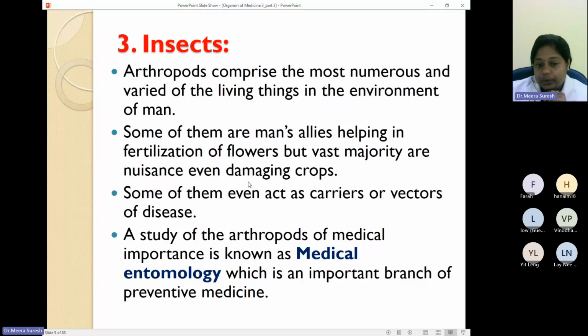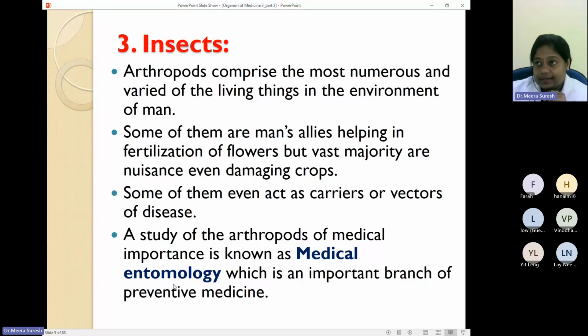The study that concentrates on arthropods, especially the vectors or the insects which cause diseases, or the vectors which carry the disease-causing agents, we call medical entomology.